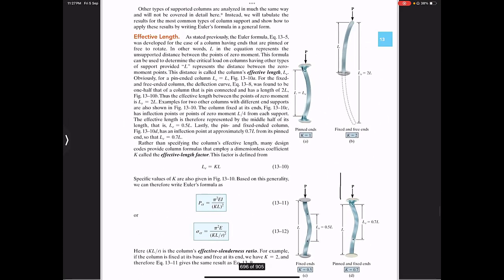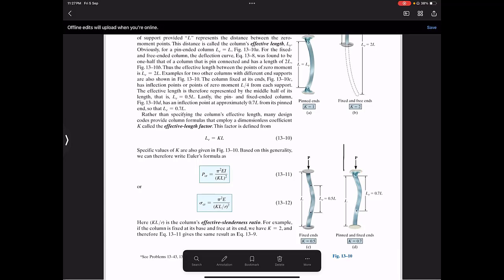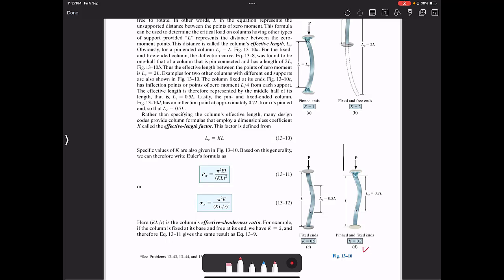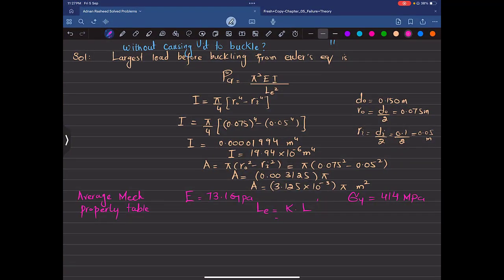So we will check it. Here you can see that in case D, one end is pinned and the other end is fixed. So the K value is 0.7. I will pick the K value 0.7 multiplied by length 6 meter, so it will be 0.7 multiplied by 6.